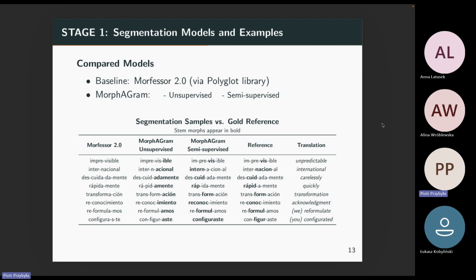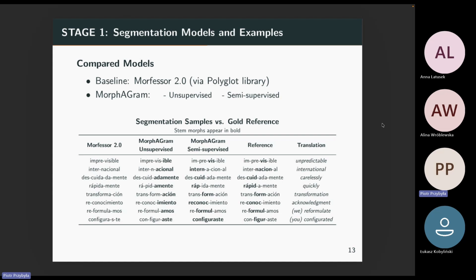Okay, so what we did, we trained it in the unsupervised way and also in a semi-supervised way. And also we compared to an older model. And these are the examples. It's kind of hard to interpret them. So what you want is the reference splitting to be followed in the same borders, but we also have the stem, so it would also be nice if the stem was recognized. So for example, you can see this is the reference.